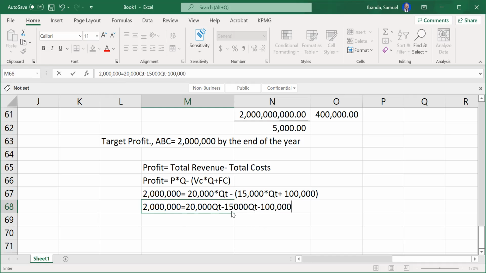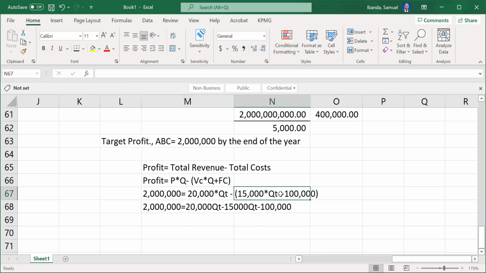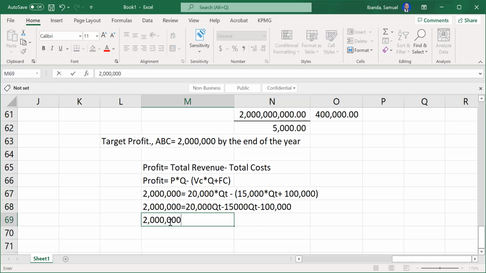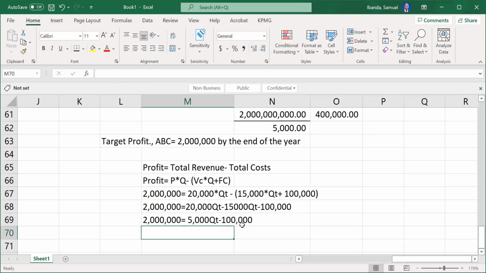Remember, when you're opening the bracket, what is positive here will become negative. So this is going to be this. I'm going to have 2 million equaling 5,000 QT, because 20,000 minus 15,000 gives you 5,000, minus 100,000.